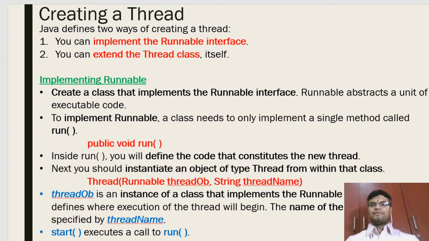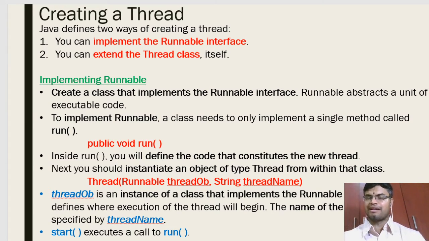Whenever you want to create a thread using the Runnable interface, remember, whatever content you want to execute in that thread has to be written in the run function. Always, whatever has to run on the processor in the thread has to be written within your run function.